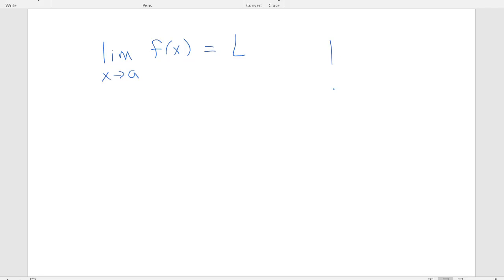So visually speaking, let's say we look at this kind of graph, and let's say I'm approaching A in my domain, so x is approaching A. I pick a number over here, and I let x approach A. Visually, we're picking a point on this graph, and it is approaching this number here.